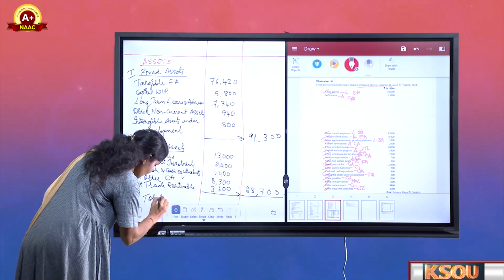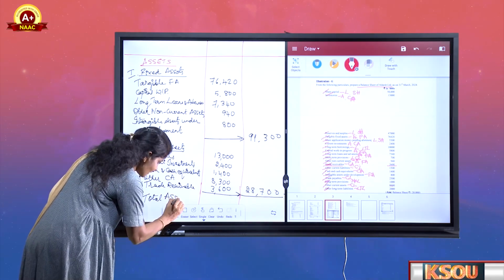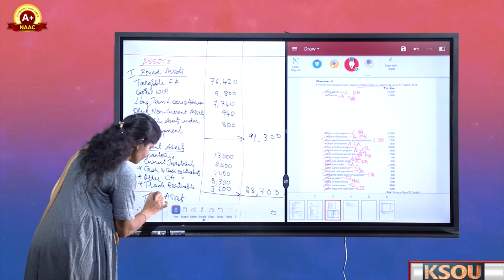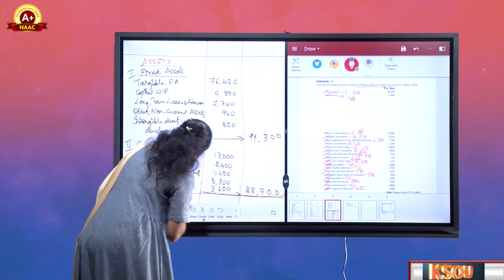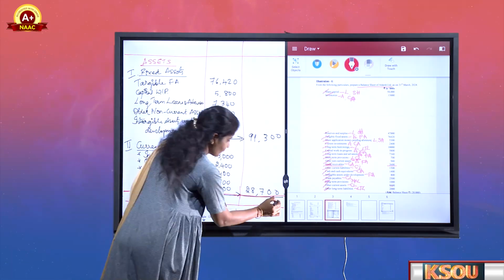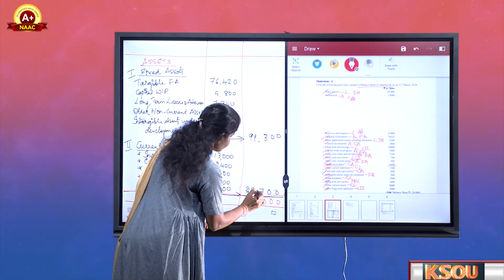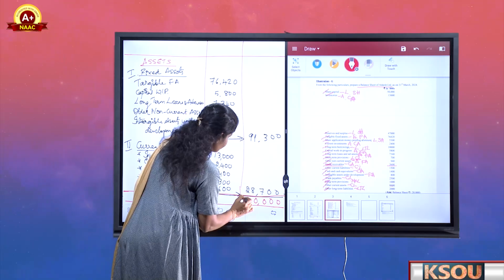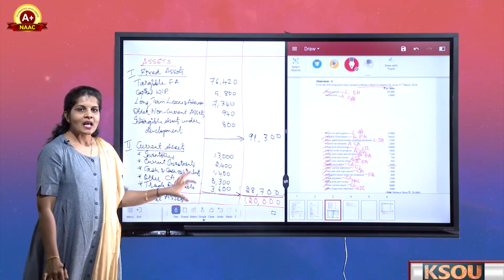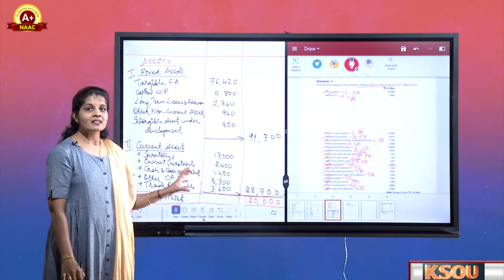Just check the total. The total assets must be 1,20,000. Are we getting 1,20,000? Yes, 1,20,000. That means this problem gets tallied.